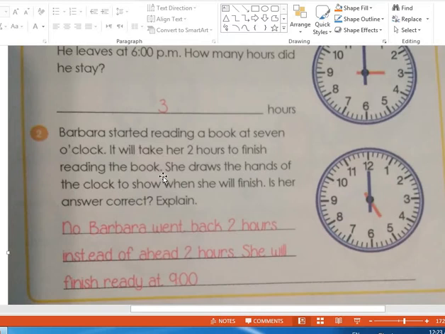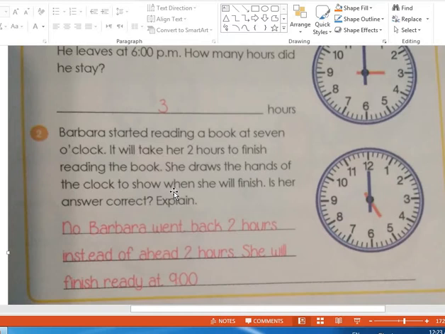Again, I read the problem and then answer the question. Barbara started reading a book at 7 o'clock. She opened her book and started to read at 7 o'clock. It will take her 2 hours.